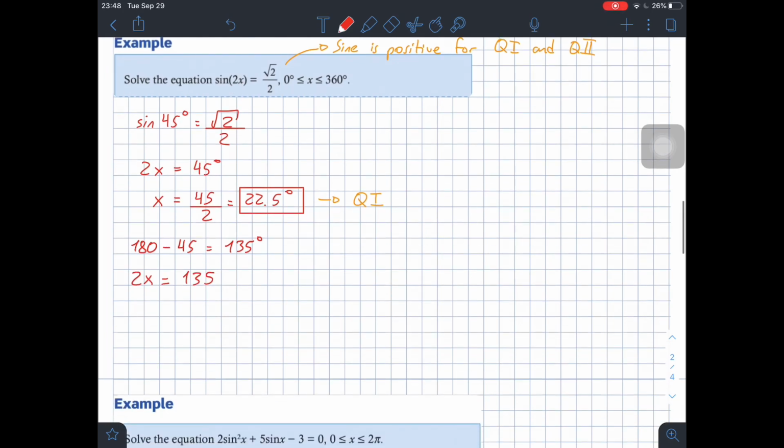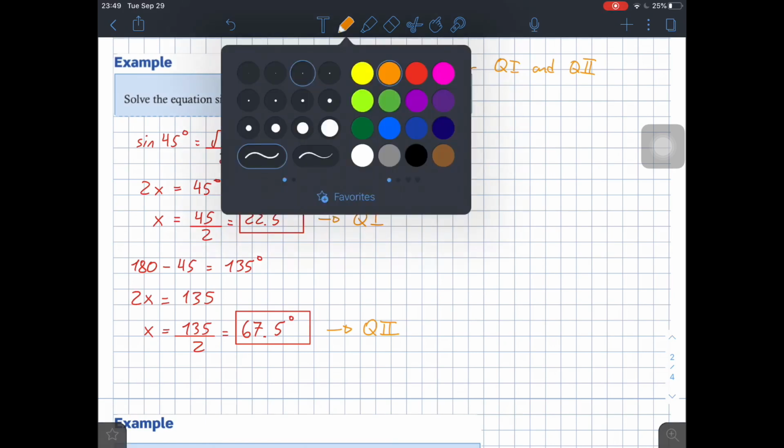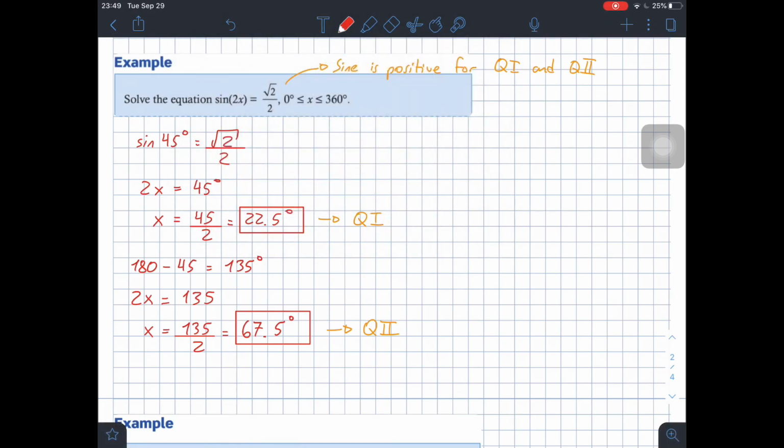That means that the second possible value of x is 135 divided by 2, which is 67.5 degrees. So this is our second possible value of x, and this one would give us an angle in the second quadrant. Okay, so these are our two possible solutions for this restricted domain. If the domain was different, maybe we would have more or less answers.